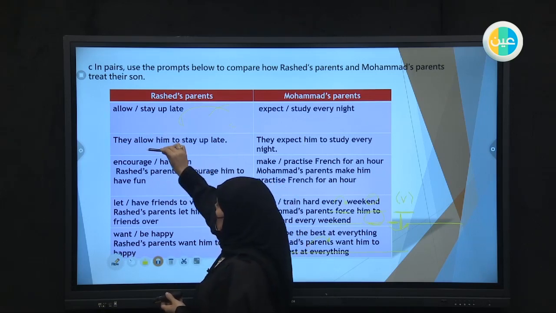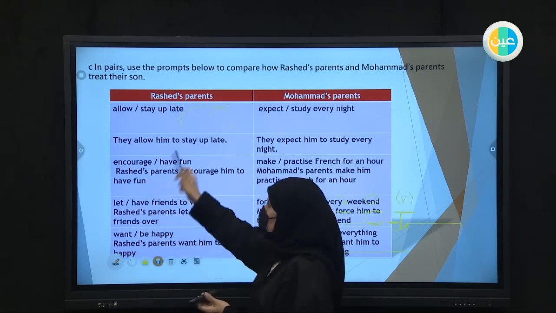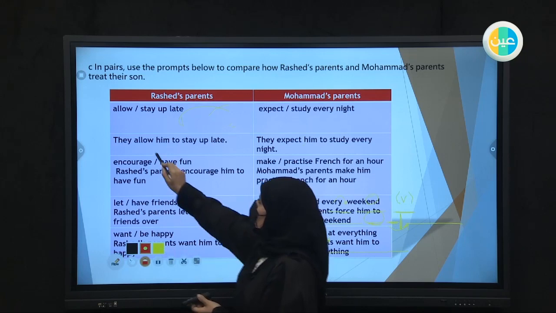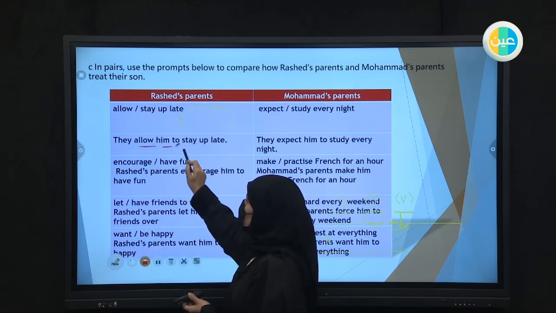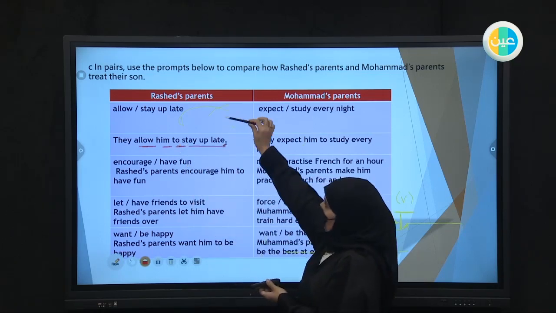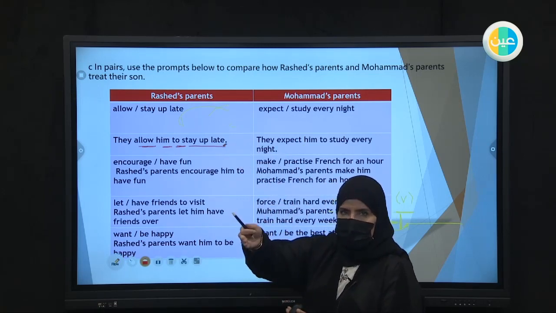Allow is the verb that we have to use, no other choice. Then the object, after that we have to use to, stay up late. This is how Rashid's parents are parenting him.